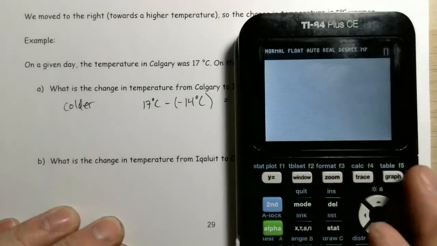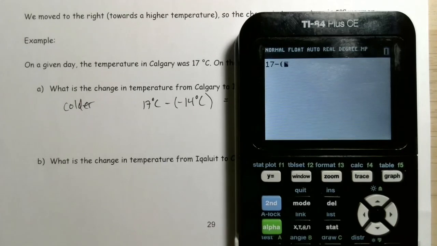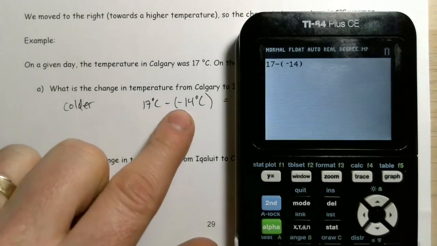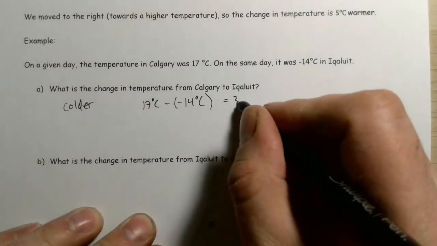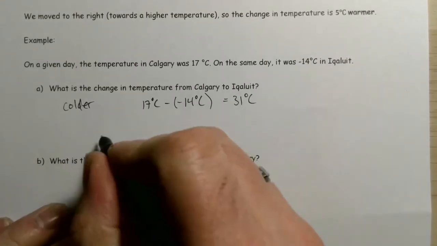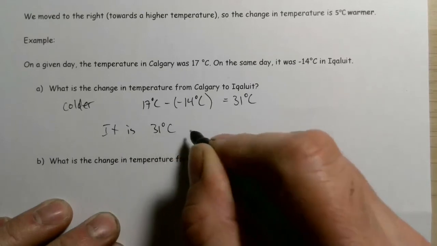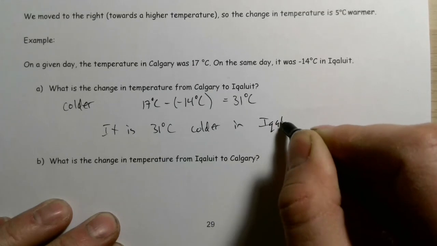So on my calculator, if you're not comfortable with the arithmetic here, that's fine. But let's make sure that we're using the appropriate signs so that you don't miss anything. We're going to do subtraction here, and subtracting the negative. And we've got a 31 degrees Celsius change here. So it is 31 degrees Celsius colder in Iqaluit.